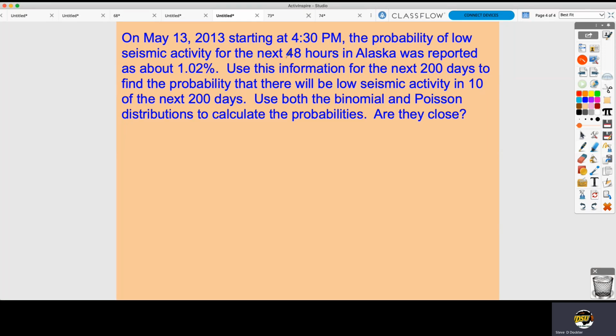There's our interval, right? Our interval is the 48 hours. Was reported as about 1.02%. Use the information for the next 200 days to find the probability that there will be low seismic activity in 10 of those 200 days. Use both the binomial and the Poisson distributions to calculate the probabilities.